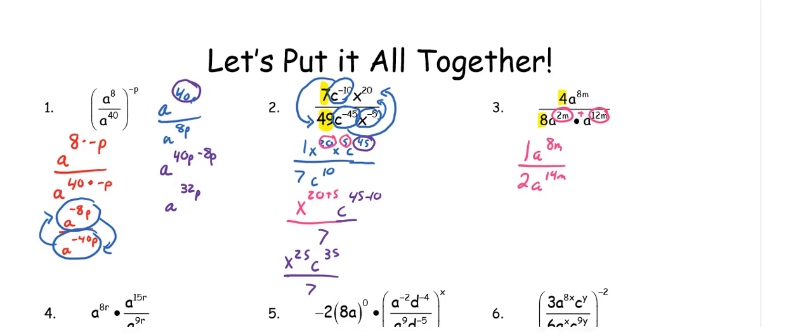Now the larger exponent is in the denominator with the 14m, so I can go ahead and subtract my exponents. So in the numerator I'm left with 1, and in the denominator I have 2a to the 6m, because 14 minus 8 is 6m.